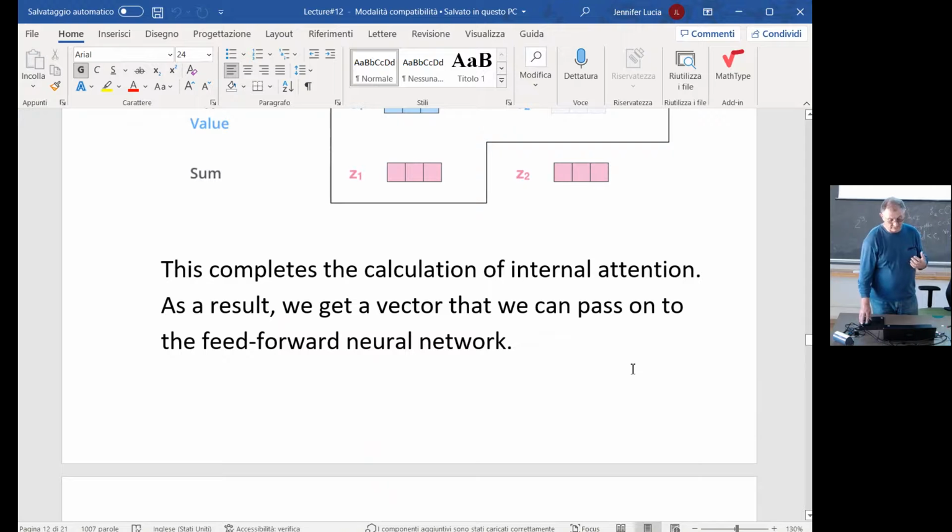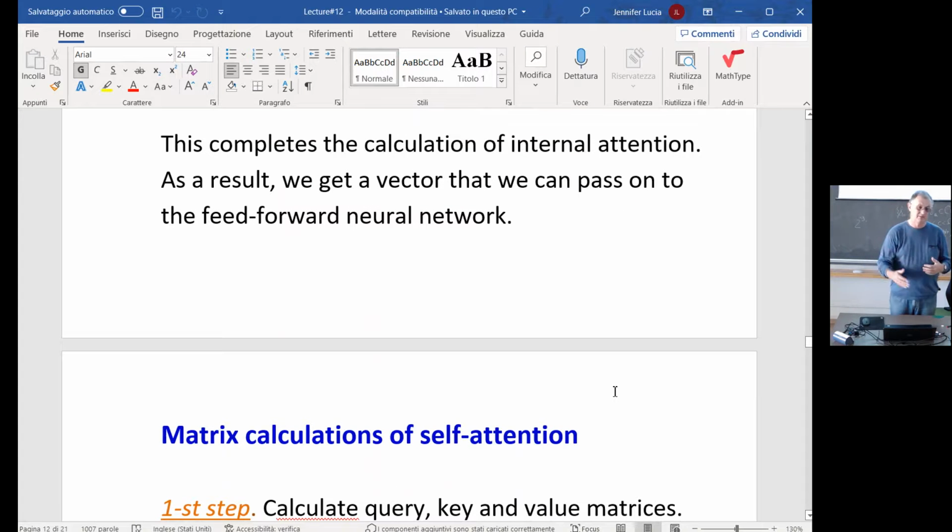This completes the calculation of self-attention. As a result, we get a vector that we can pass to the feed-forward neural network, then to the next encoding or decoding module.